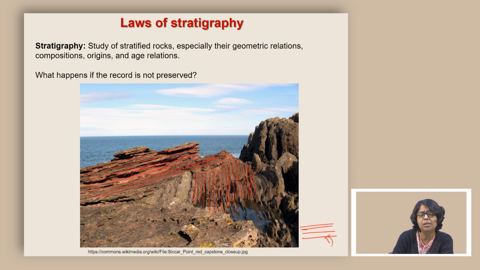Not necessarily are all the records preserved. Maybe there was a situation where these were deposited at the bottom of the ocean and then they became rocks, but then somehow part of it got eroded, and that is why you do not really see all the layers continuing. It is abruptly ending somewhere right here.